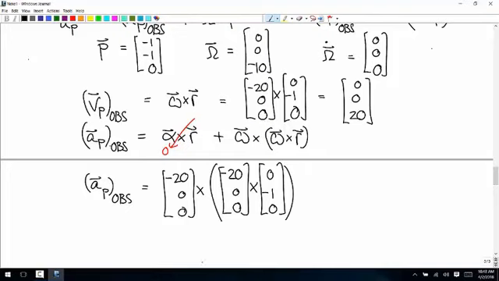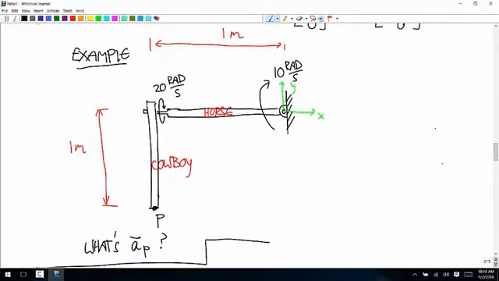We've already done that, so it's just going to be positive 0, positive 400, 0. That makes sense because that's a centripetal acceleration, and at this instant, the centripetal acceleration is straight up.